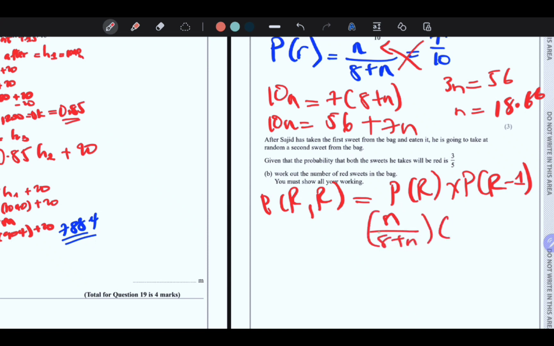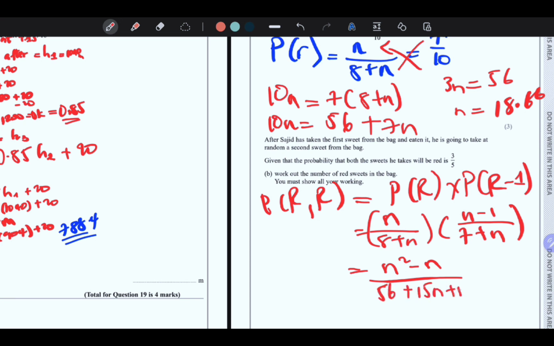And the probability of taking one less red, given that he has eaten the first one, is n minus 1 over 8 plus n minus 1, which would be n times n, which is n squared minus n over, well, I can replace this with 7 plus n, and this will be 56 plus 15n plus n squared.